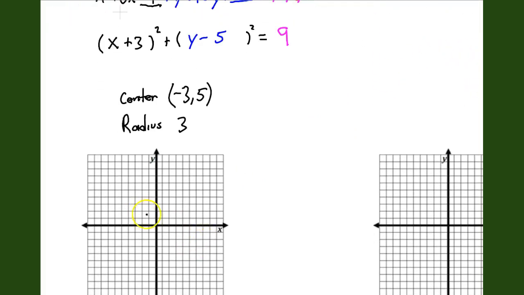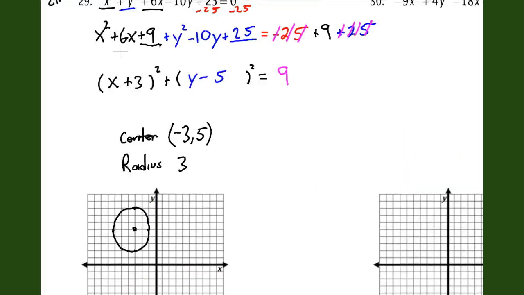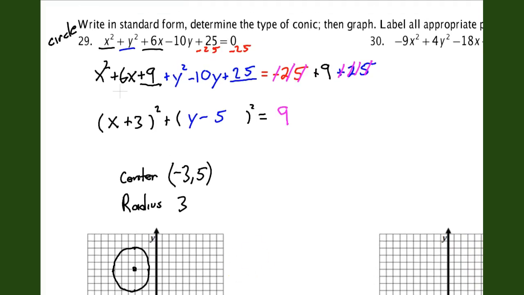Okay, center is negative 3, positive 5, right up here, and we'll go 3 in each direction. 3, 3, 3, and 3, and just draw the best circle you can, like that. There we go. There's our circle. Right, let's look at the next.